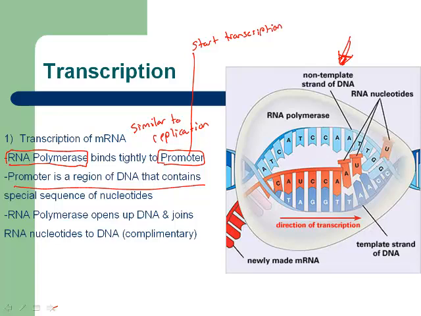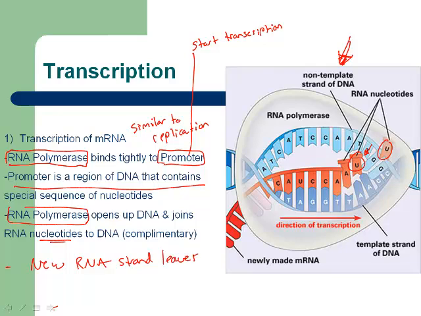Okay? And then instead of DNA nucleotides, they're going to be RNA nucleotides. So you can see here are the RNA nucleotides coming to be joined in a complementary fashion, with the change where uracil is used instead of thymine over here. Same thing, they're complementary. What's going to happen at the end though is this RNA strand leaves.